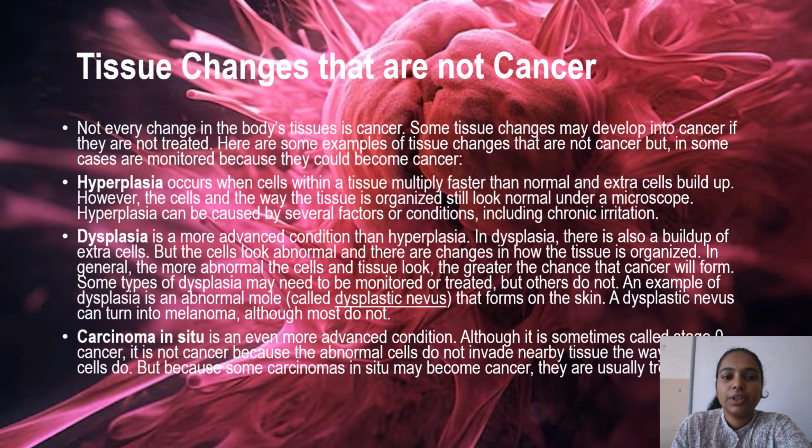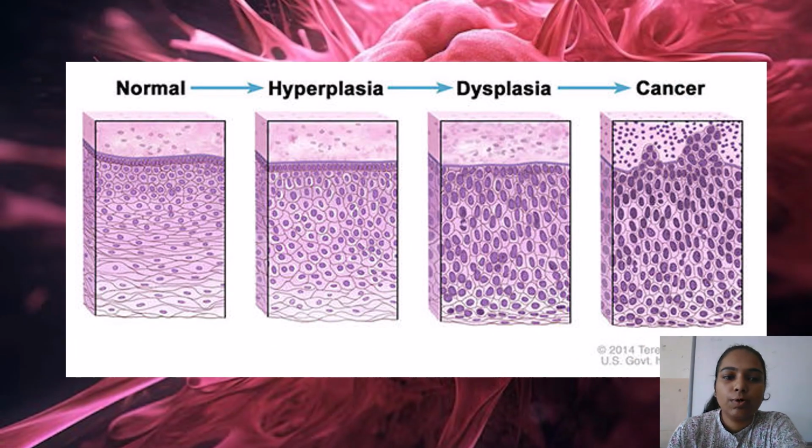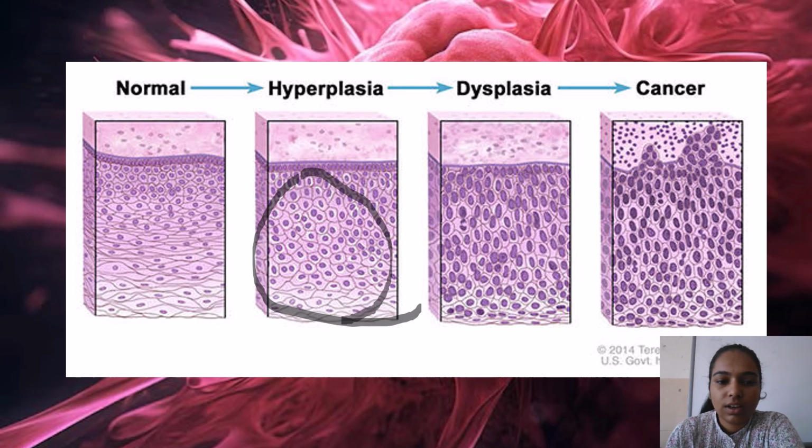The picture here shows the difference between normal, hyperplasia, dysplasia, and a cancer state. In normal cells, there is a normal growth of cells. In hyperplasia, there is a high growth of cells, and these cells are making an extra buildup.